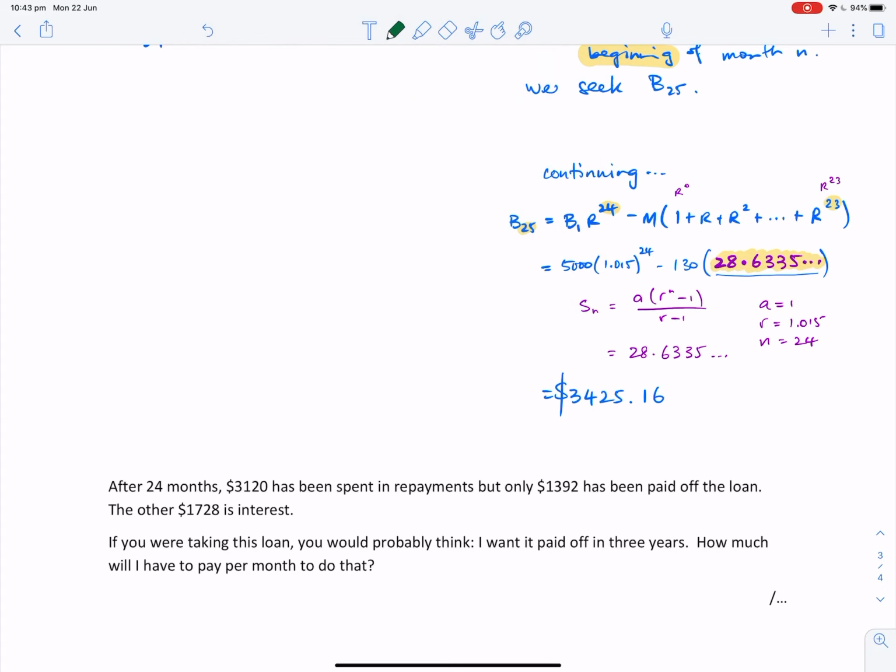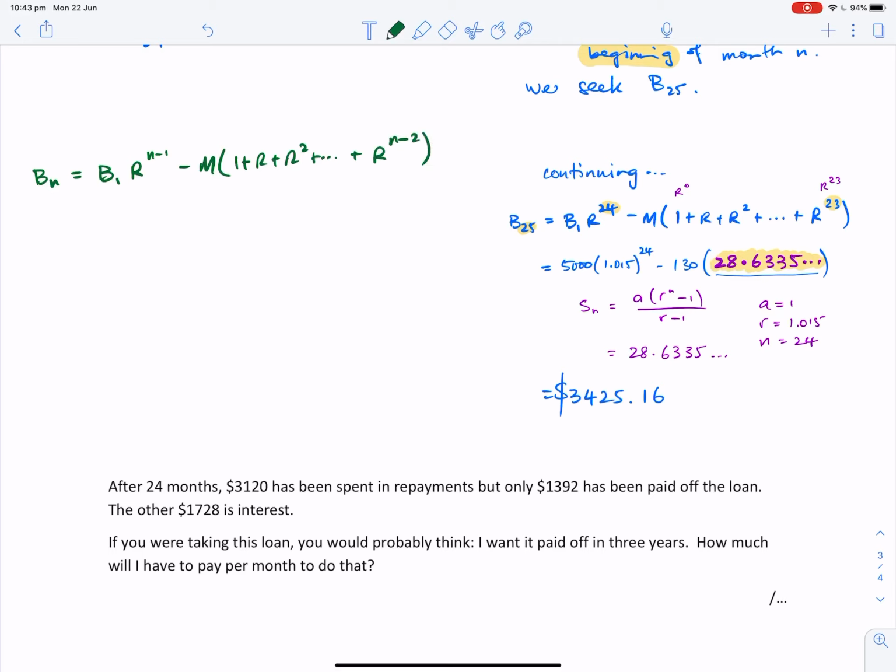Okay, so basically Bn, following our pattern, is B1 R to the n minus 1 minus M times (1 plus R squared plus dot dot dot plus R to the n minus 2).